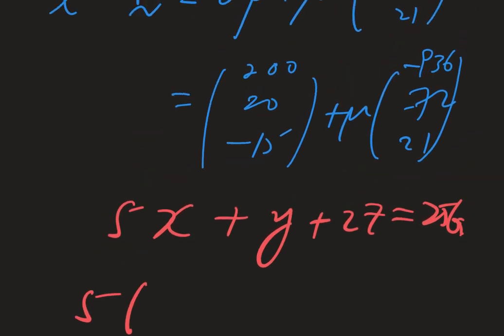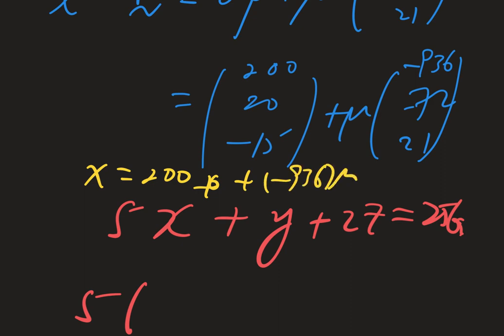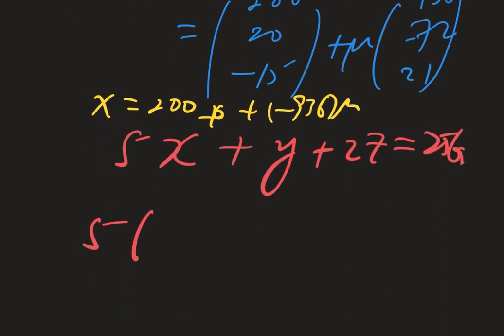For these unit vectors, x here is equal to 200 plus 936 times mu. Y is 20 minus 22 mu, and z is minus 15 plus 21 mu. So you need to just type it in.